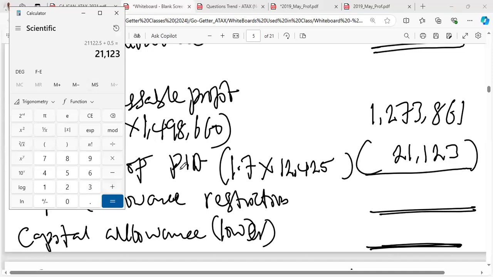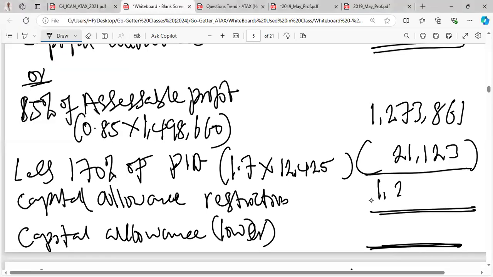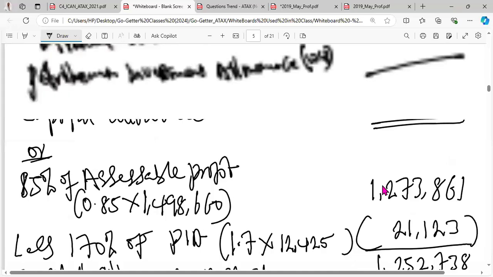If I minus it from 1,273,861, I have 1,252,738. So this is the maximum. This is the maximum capital allowance you can charge.